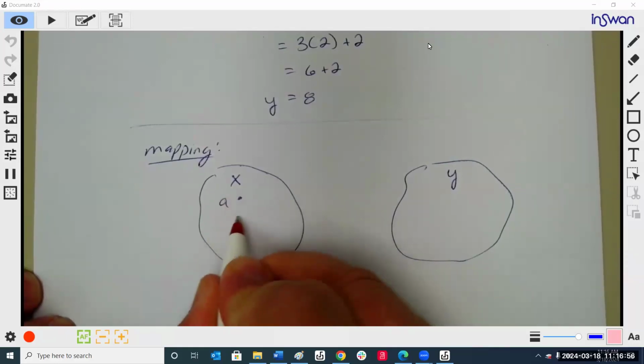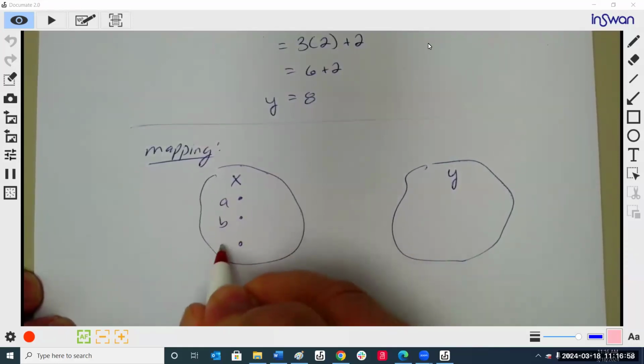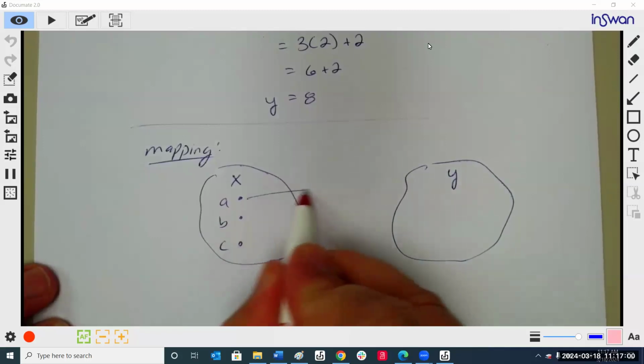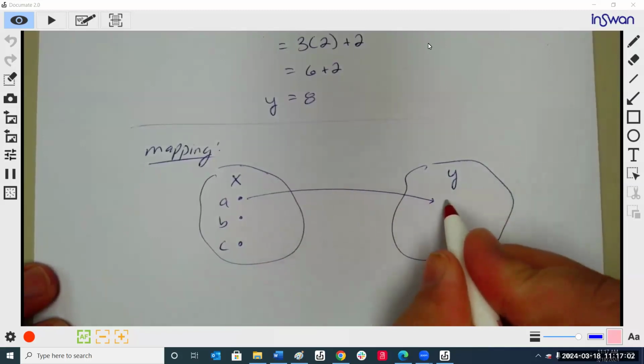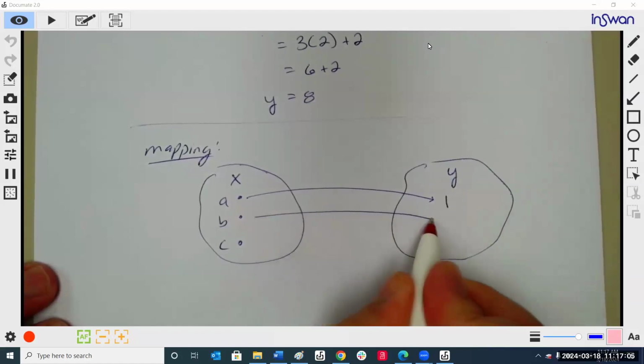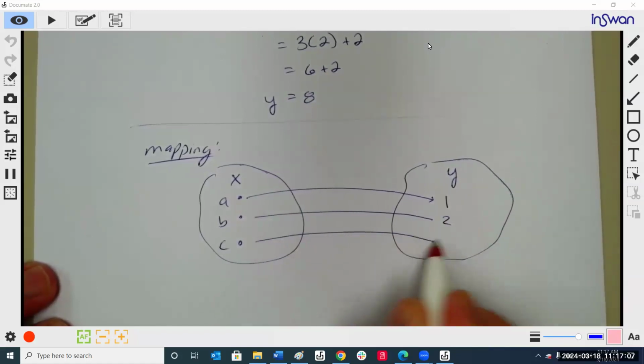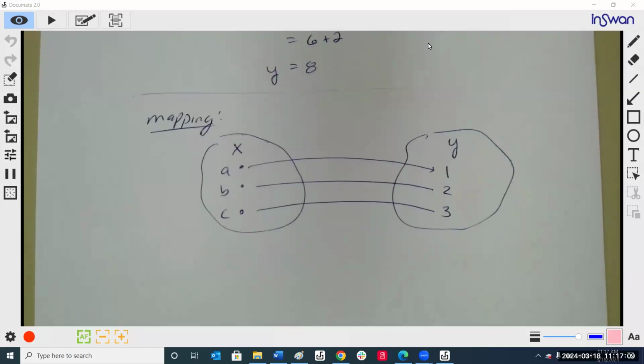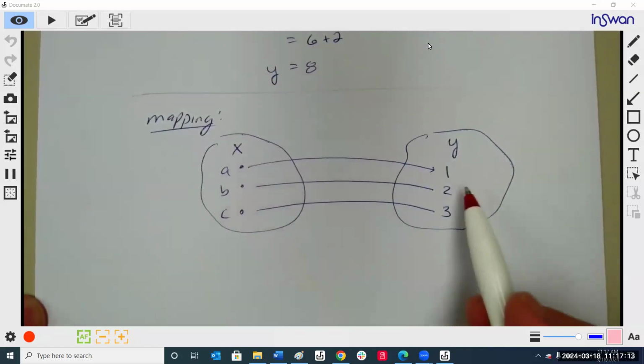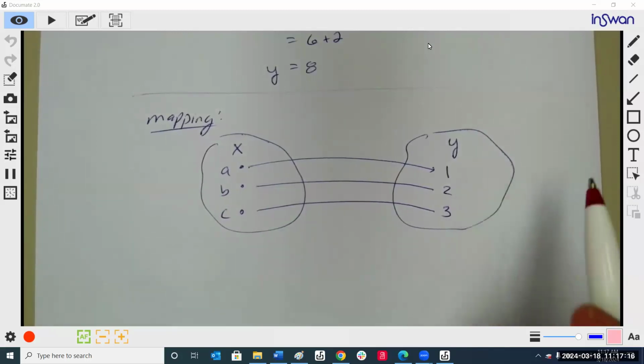For every x value you plug in there, if each of your inputs, each of your x values, results in one and only one solution, that's one-to-one.